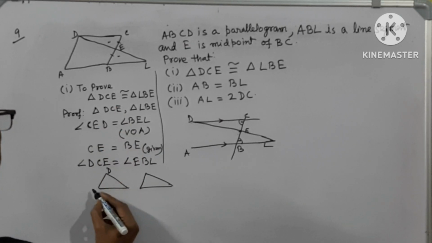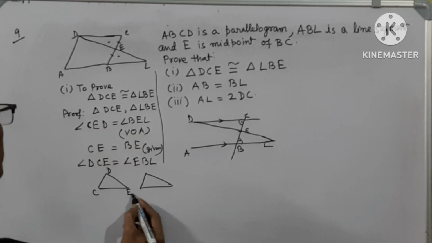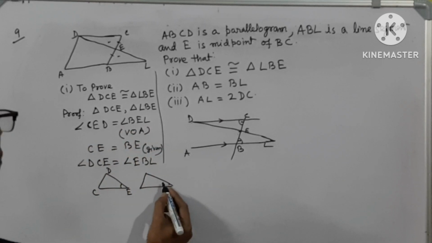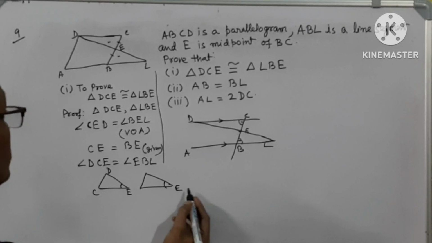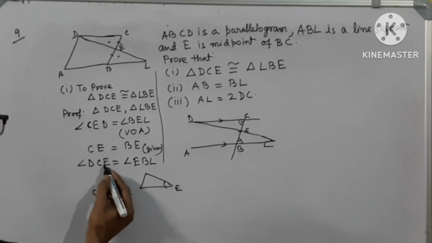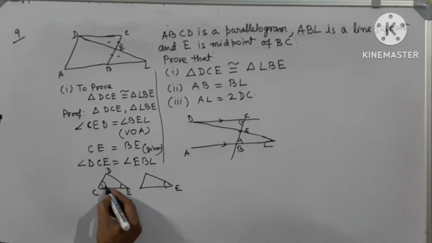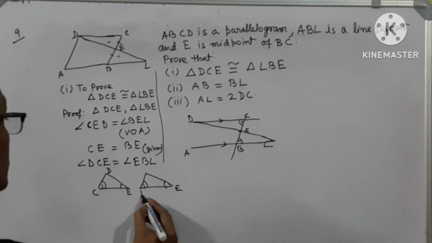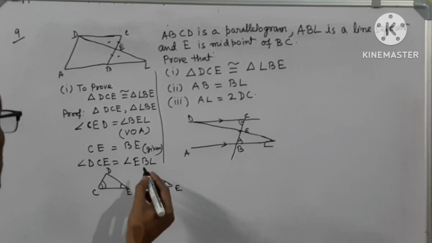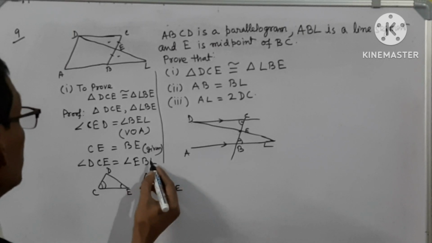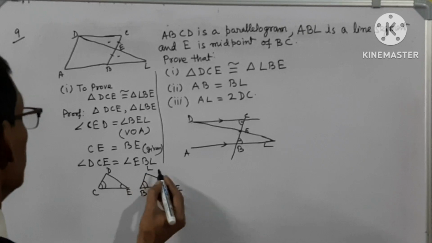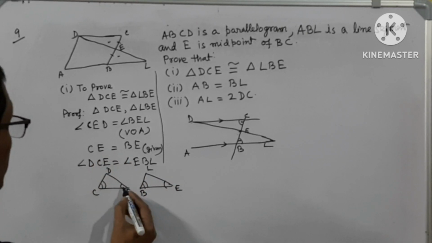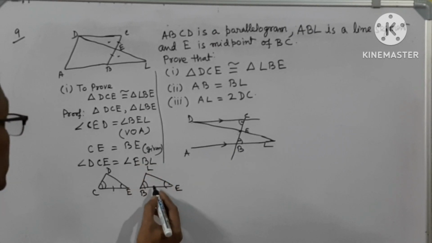Angle CED equals angle BEL, angle DCE equals angle EBL, and CE equals BE.